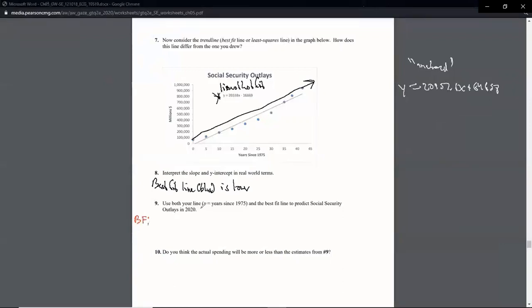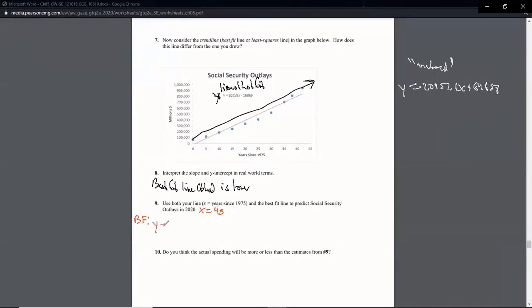Now the year 2020, what year are we plugging in? 2020 in comparison to 1975 is going to be 45 years later. That's the number we're plugging into these two equations, not 2020, we're plugging in 45.